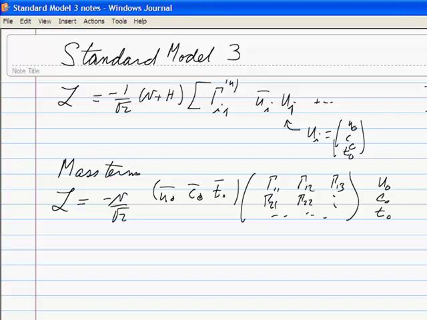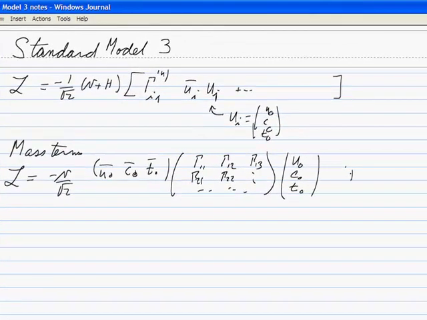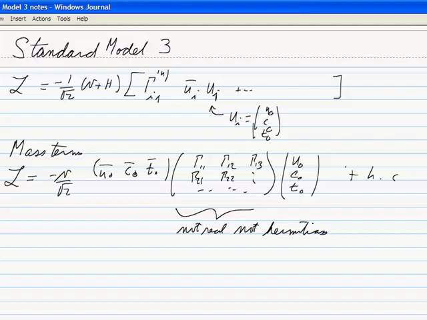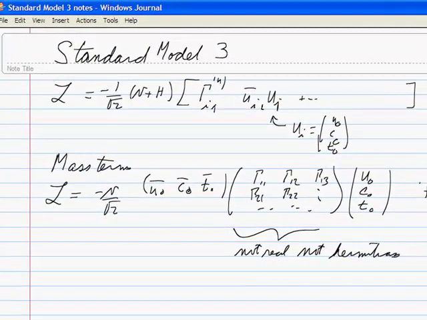There's something interesting about diagonalizing, though. This matrix is neither real nor Hermitian. And actually, it's important that I did drop some notation here.